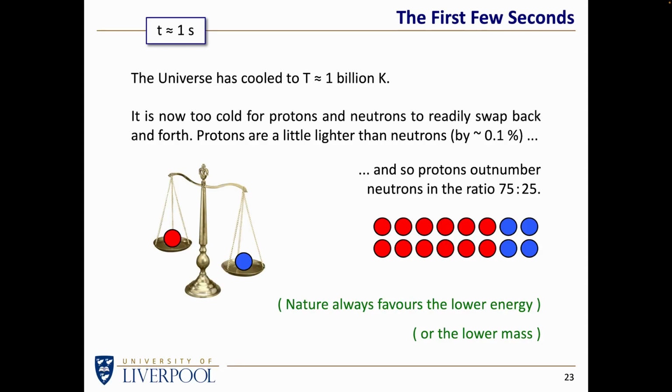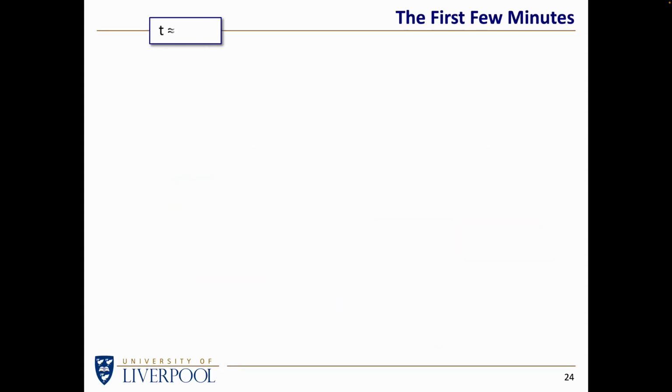But it doesn't stay quite at that ratio, because we know that after of order minutes, neutrons are unstable and some of those neutrons will change into protons. How do we know that neutrons are unstable? Because we can observe that in the laboratory today. And the neutrons of 13.8 billion years ago are no different.